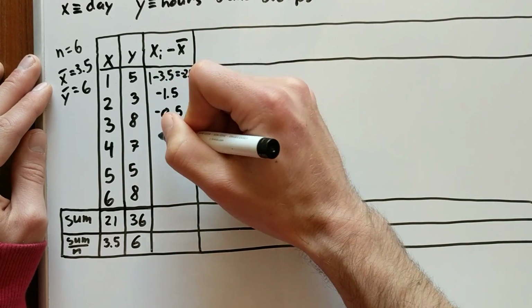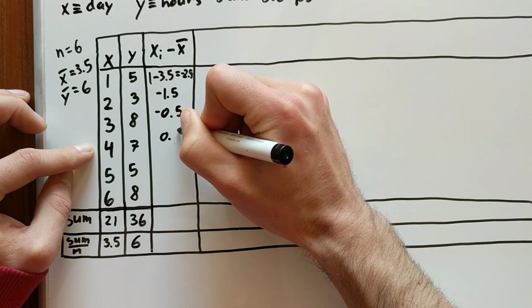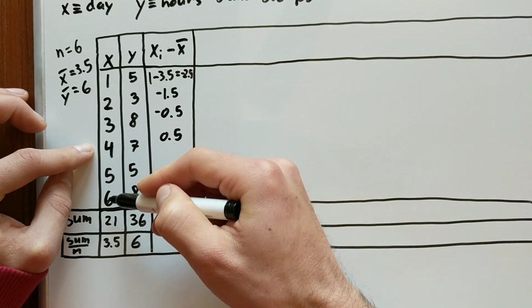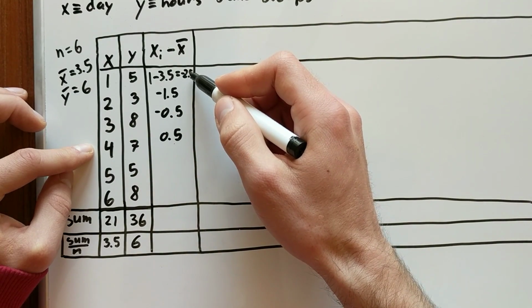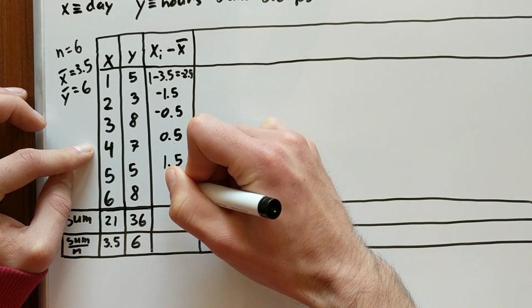And on down the line, 4 is going to be 0.5. Since this is increasing by 1 each time, I'll go ahead and jump ahead here: 1.5 and 2.5.